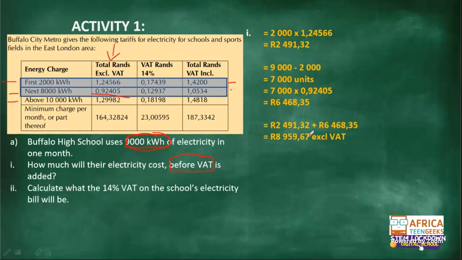Okay, part 2 of the question now, it says, calculate what the 14% VAT on the school's electricity bill will be. Remember, what did we say? How do we calculate a percentage? We just multiply, and we know we're going to use 14% VAT.